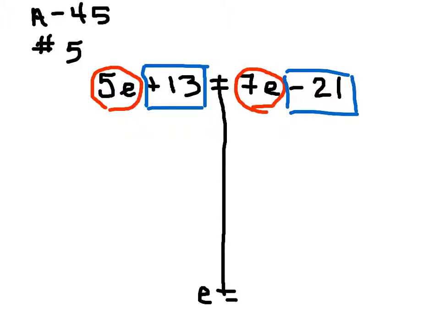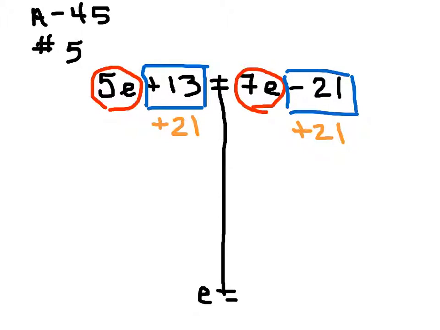So let's see here. The first thing I'm going to do is I think I'm going to add 21 to both sides of the equation. Since this one here is a minus 21, I'm going to go ahead and add 21 to both sides. Once again, I have to do it to both sides of the equation in order for it to remain balanced.